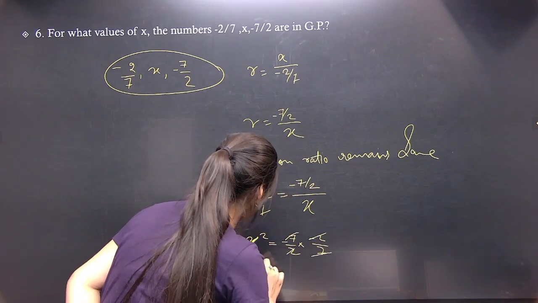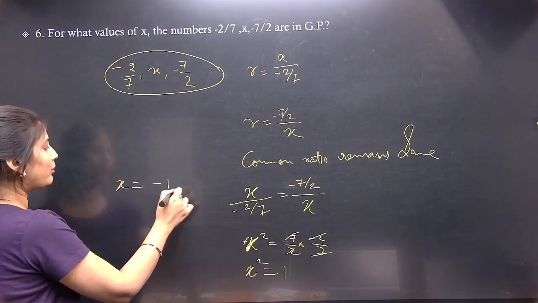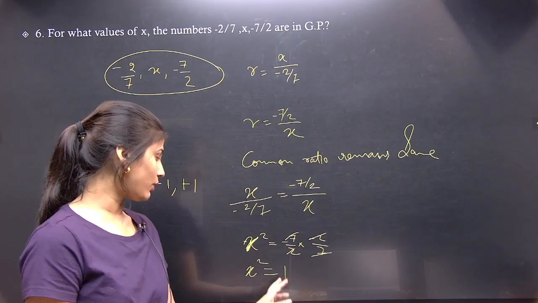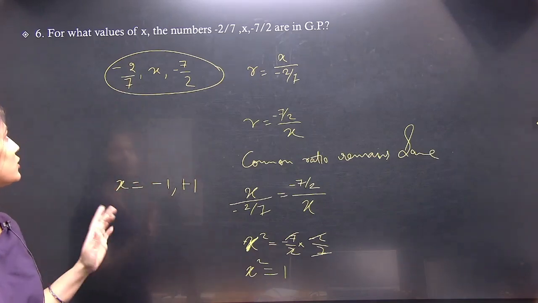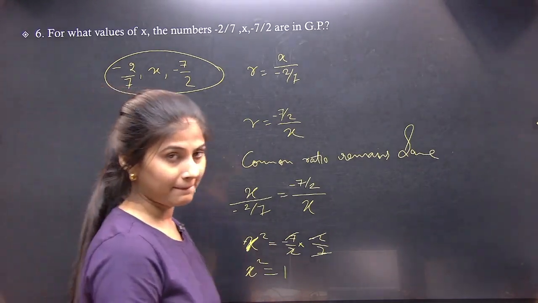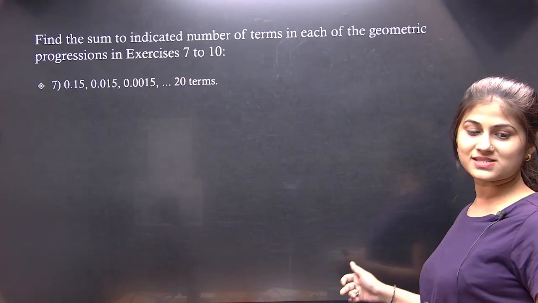So x square is equal to 1. So x can be 1 or minus 1. Isn't it? Since if we find the square root, it can give 1 or minus 1. So the values of x are 1 or minus 1. Got it? So moving on to next question, question number 7.